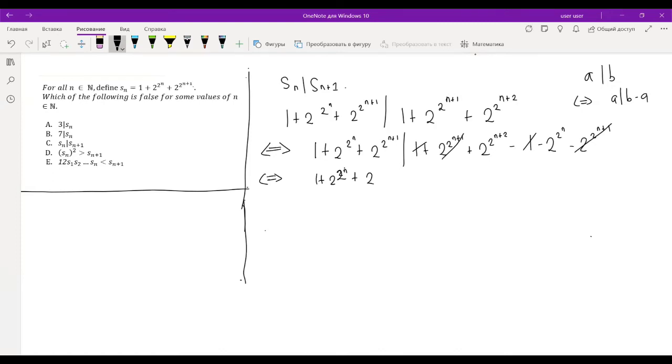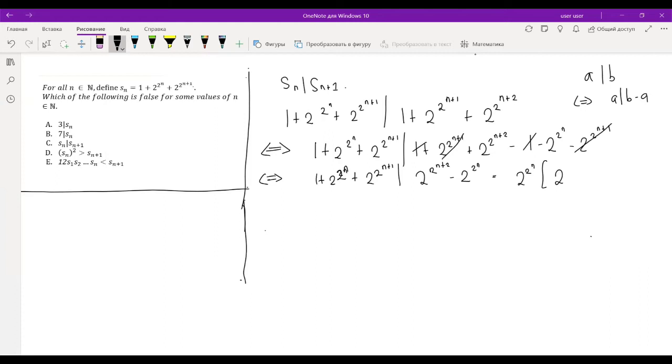Sorry, this is 2 raised to power n, not 2 raised to power n plus 1. So we have 2 raised to power 2 raised to power n plus 2, minus 2 raised to power 2n. So this can be factorized. You can just bring this out. These are just laws of indices we are using.